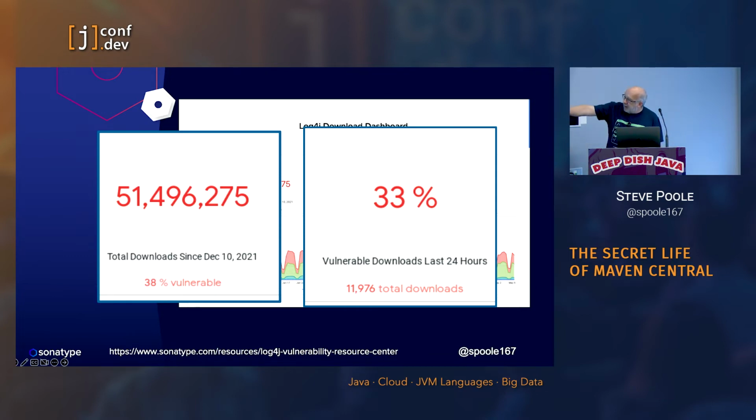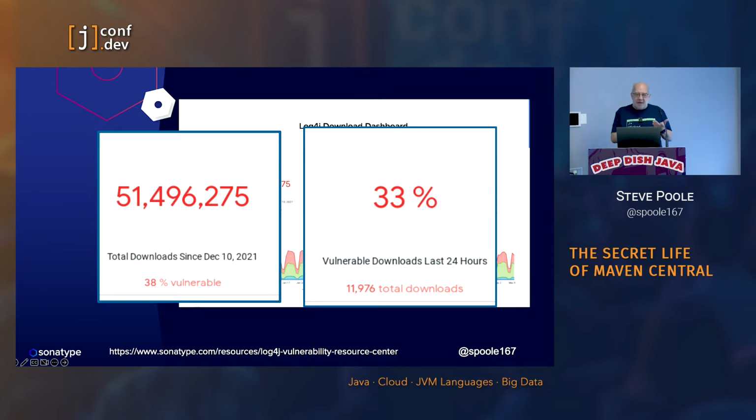In the last 24 hours, 12,000 downloads, 33% of them are vulnerable. So that says 33% of you in this room, if you've been downloading Log4j, have been downloading a vulnerable version. So that either means you don't care or you don't know. Okay? Just think about it.